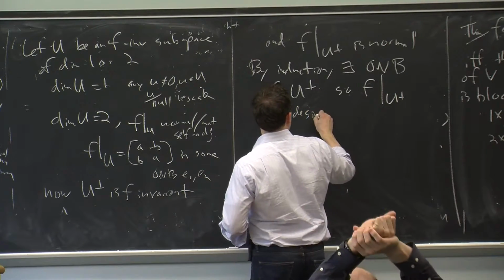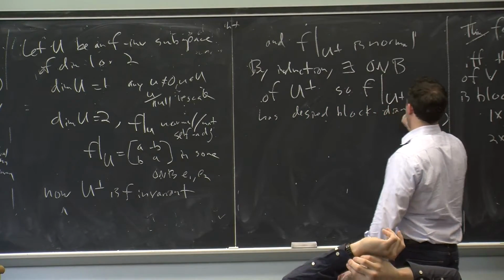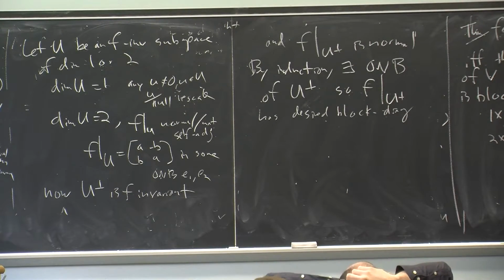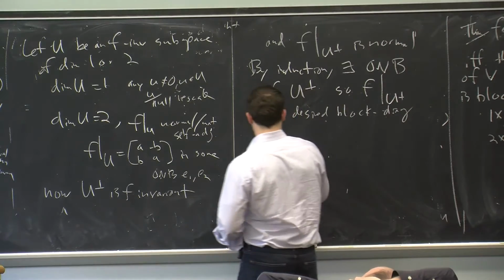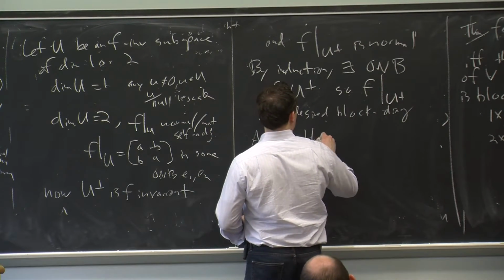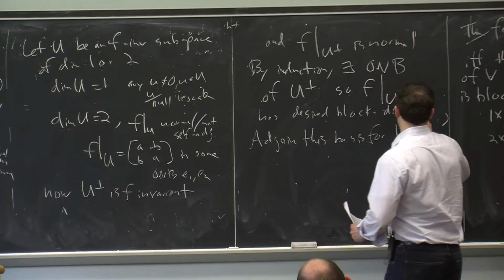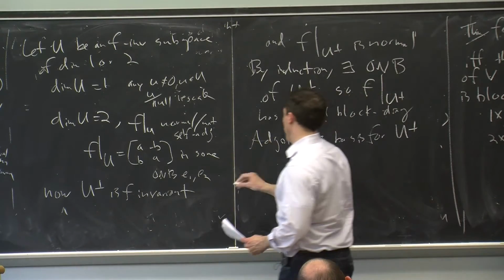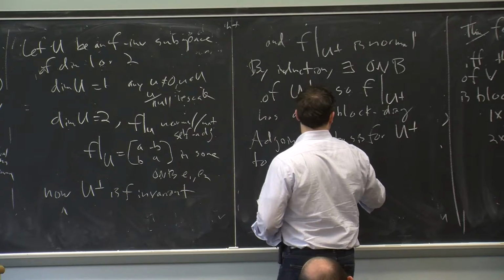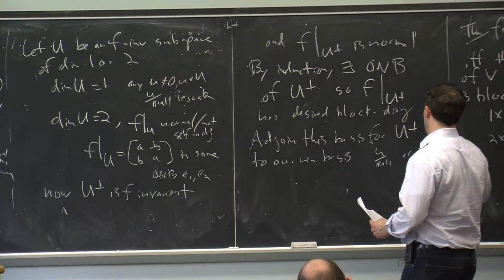That is, it's block diagonal with blocks of size 1 or 2, where the size 2 blocks have the form (A, -B; B, A). And then we just adjoin this guaranteed basis for the orthogonal complement of U to our new basis, which is either the normalized vector or E1, E2.